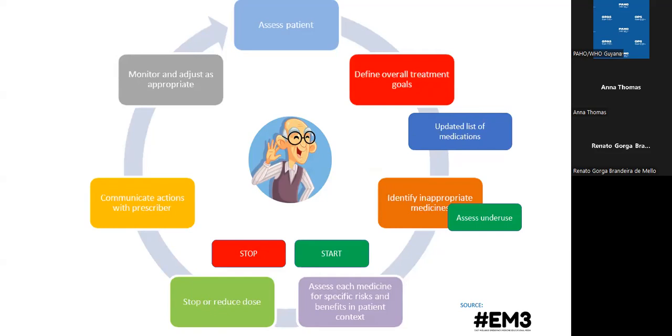Assess each medicine for specific risks and benefits in the patient context. Remember, we have to check vulnerability using the Clinical Frailty Scale, a comprehensive geriatric assessment, or by assessing intrinsic capacity losses.